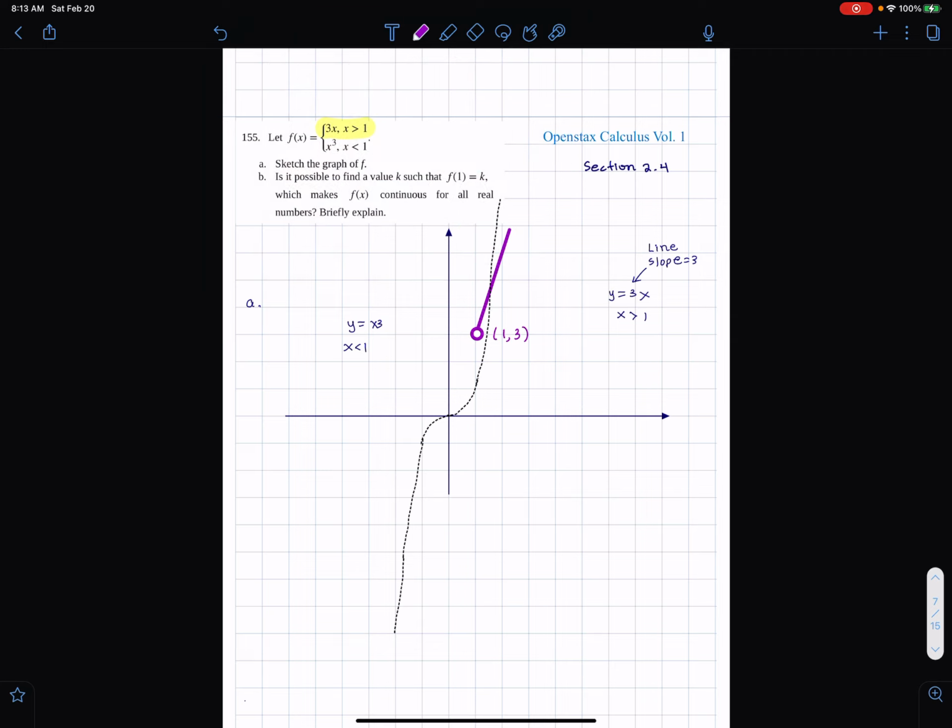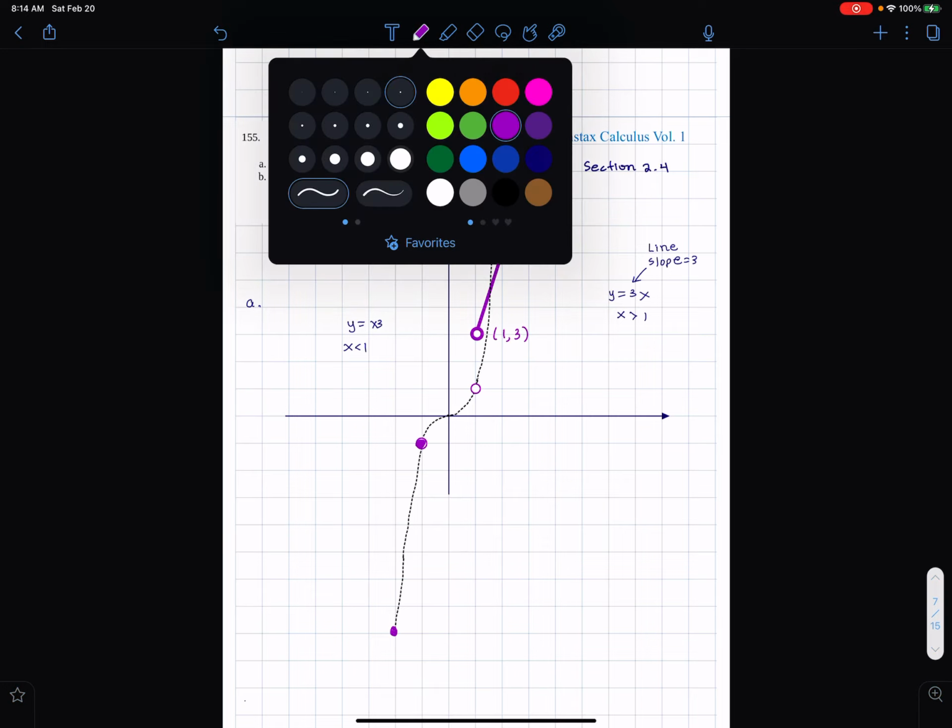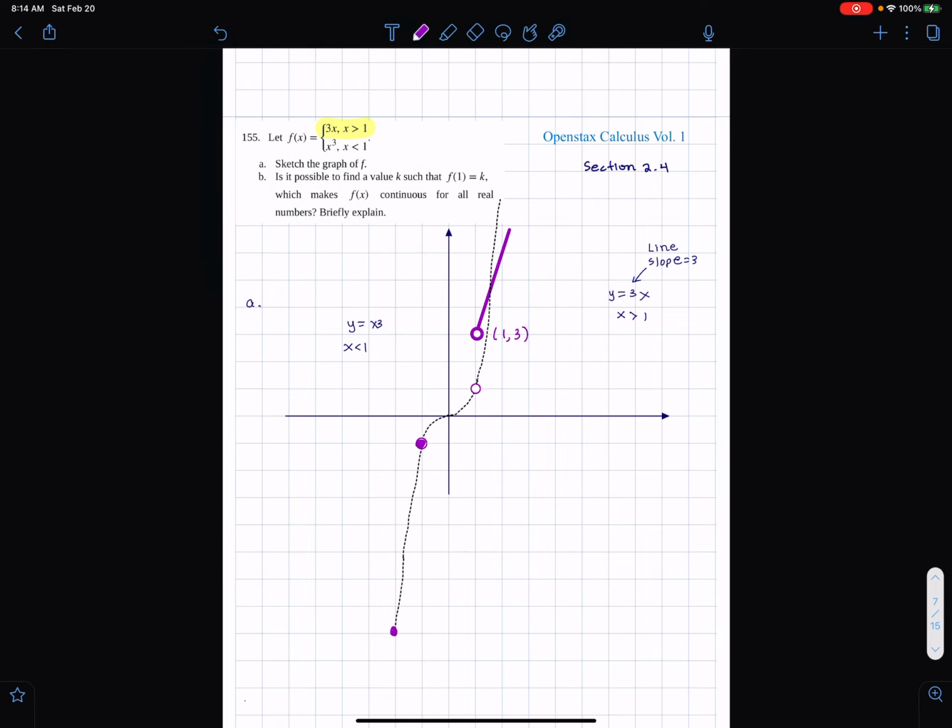But see, 1 cubed is 1, and that's over here. Negative 1 cubed is negative 1, and that's over here. But I'm going to actually color that one in. And then negative 2 to the third power is negative 8. But see, I'm only using the part when x is less than 1. I'll erase the other part.